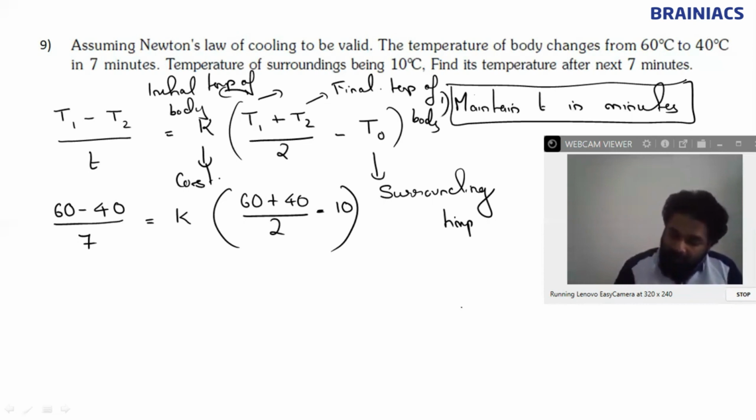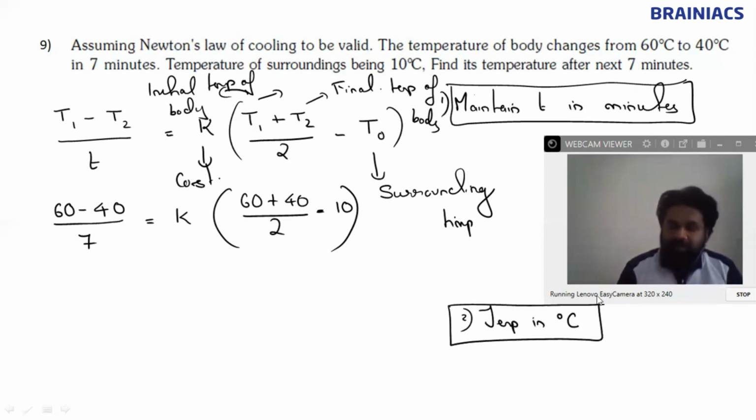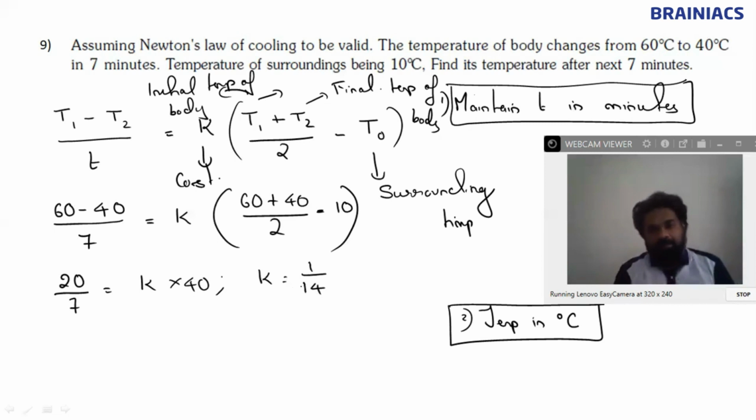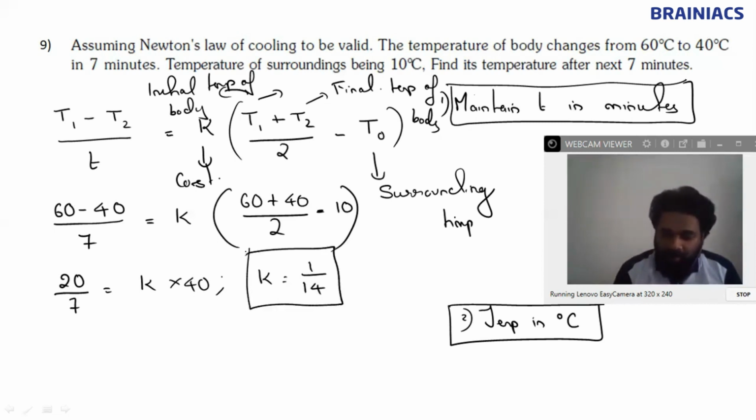This is a technique to solve problems when Newton's law of cooling is asked. Use this formula, that will be easy. So 20 by 7 is equal to K into 50 minus 10, which is 40, and we will get K is equal to 1 by 14.